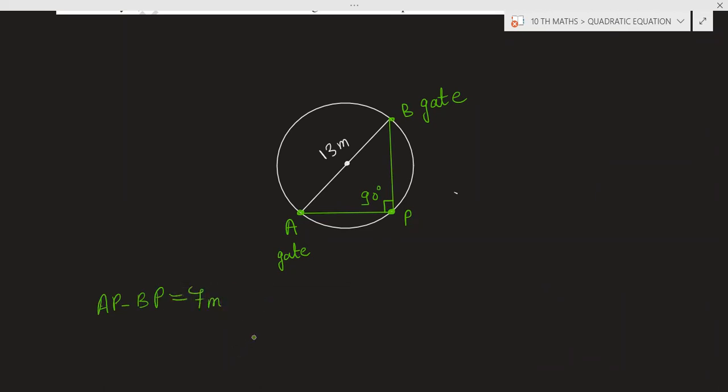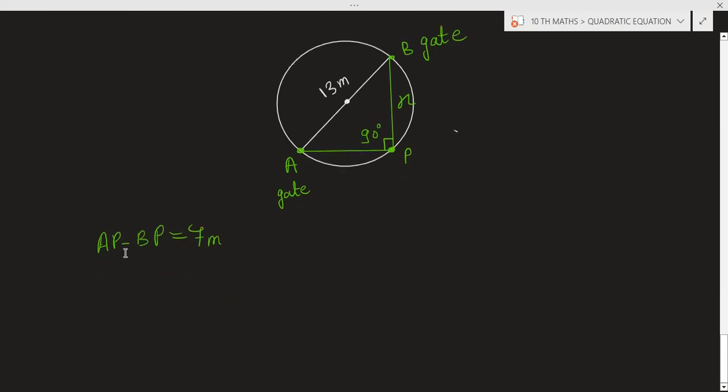Let us suppose this BP is x. If BP is x, then you can find AP from here. BP is x, so AP will be 7 plus x. So this will be 7 plus x.